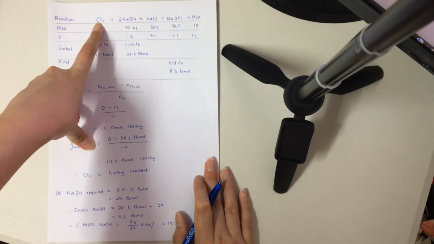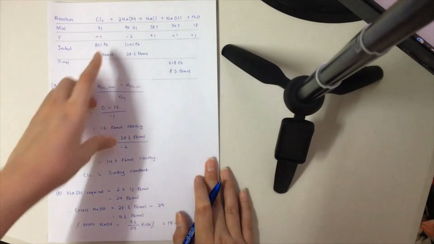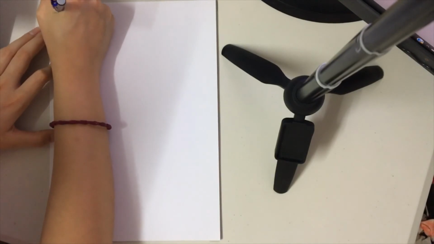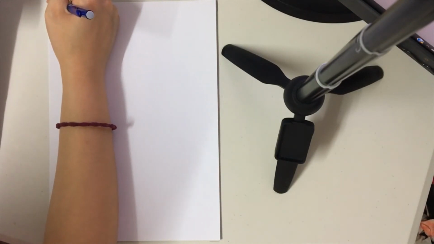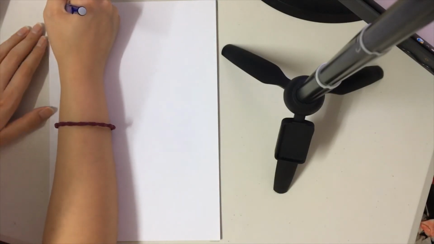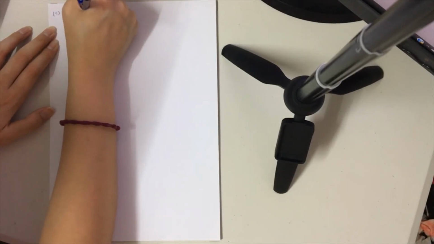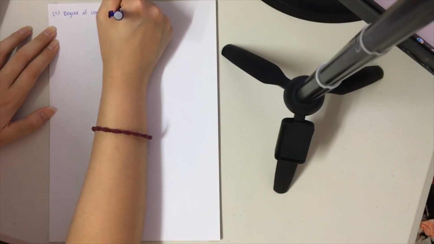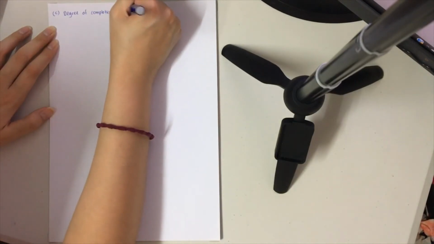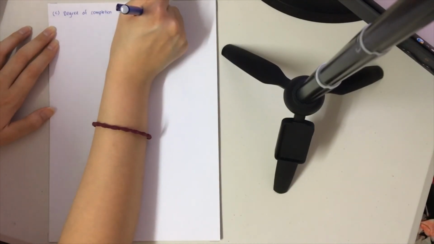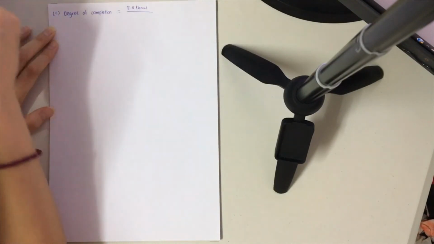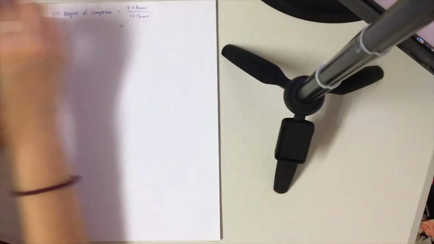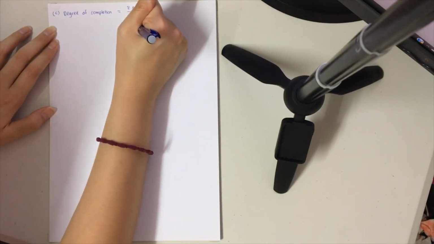Since the stoichiometric ratio of Cl2 and NaOCl is the same, which is 1, the degree of completion is equal to 8.3 pound mole over 12 pound mole, which gives us 0.692.